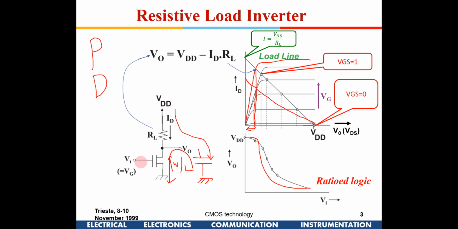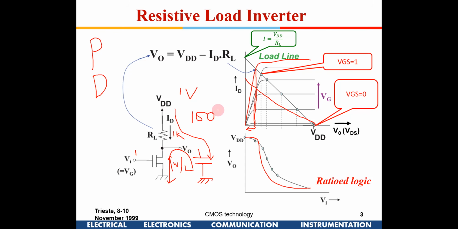Okay. Say when the input is 1 out here, right? Initially W by L is something, so I am getting say 100 micro, and that is making this VOL. Suppose let's assume this to be 1 volt, and let this be 1K. So what will be the V output?